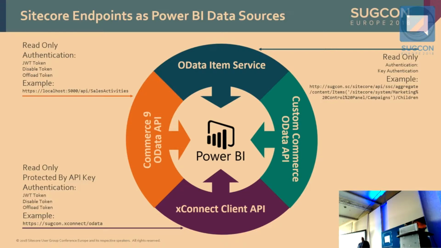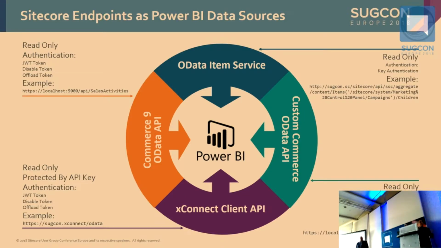That endpoint gives us access to what users are doing on your commerce side. The purchases, the sales, the orders, anything that is in commerce can be extracted through that endpoint. There are tens of GET requests available out of the box provided by Sitecore.